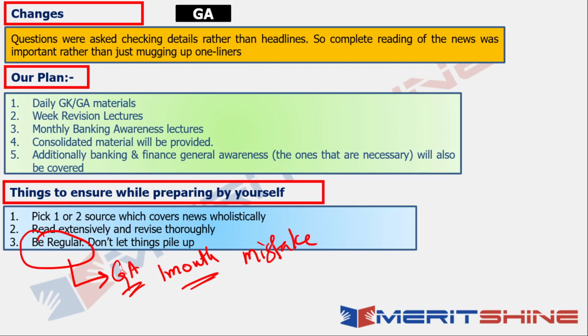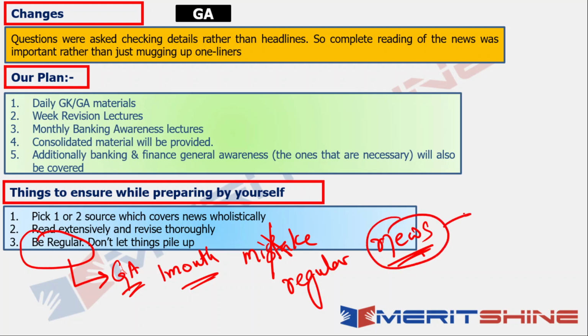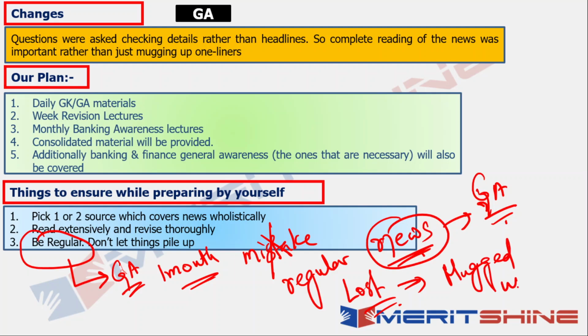I call it a mistake because those who did not read news regularly and stay in touch with general awareness lost a lot. Even if they had mugged up the whole compendium, they were still not prepared. So be regular, and half of your job would already be done.